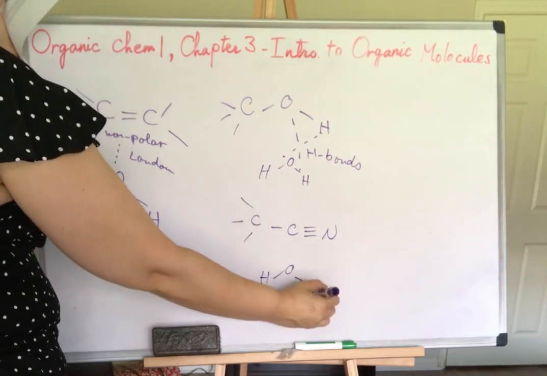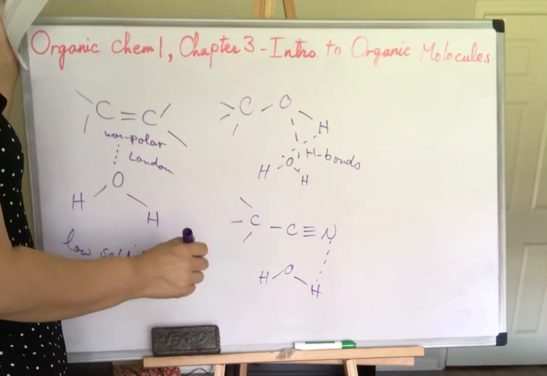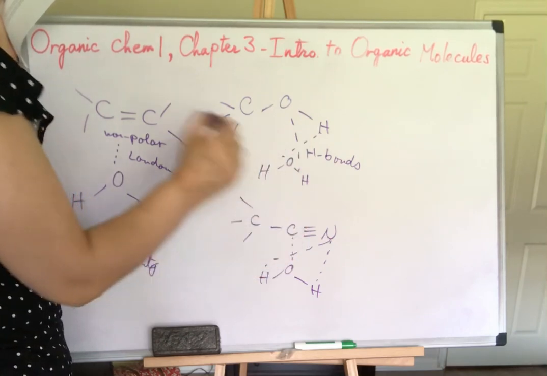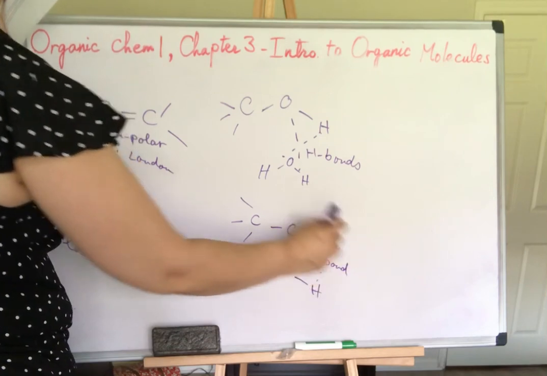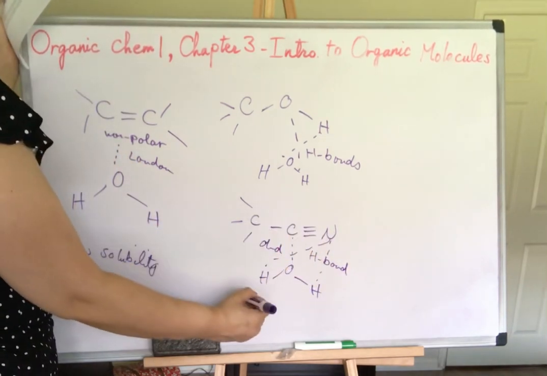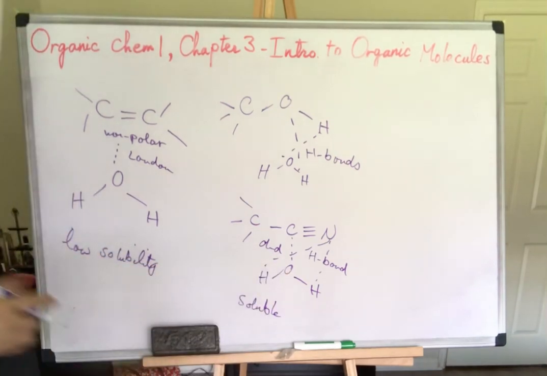You see hydrogen bonding between oxygen and hydrogen, and nitrogen with another hydrogen, the dipoles, these are hydrogen bonds. The dipoles between oxygen and carbon, so it makes them pretty soluble. You won't see two layers, you will see one layer. So that's how you determine the solubility.